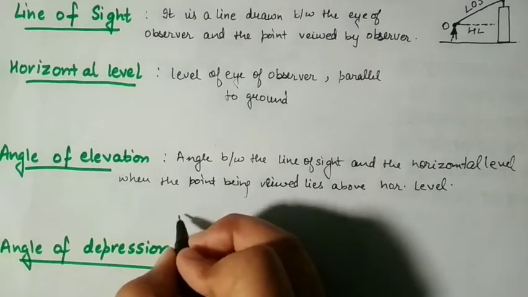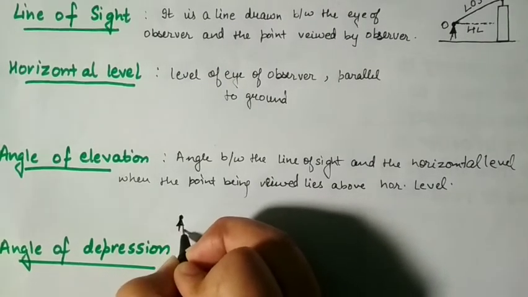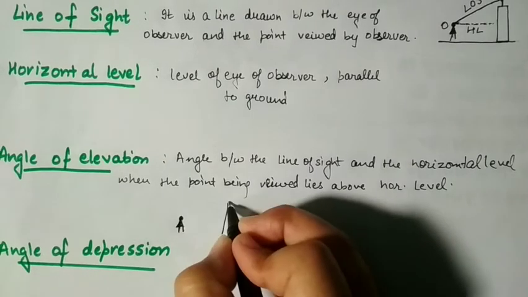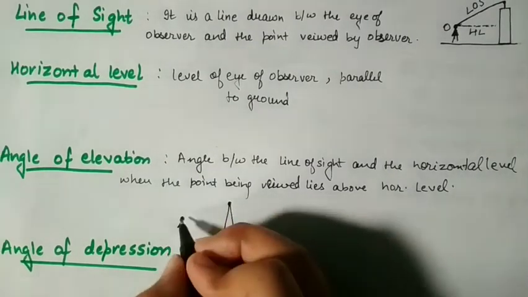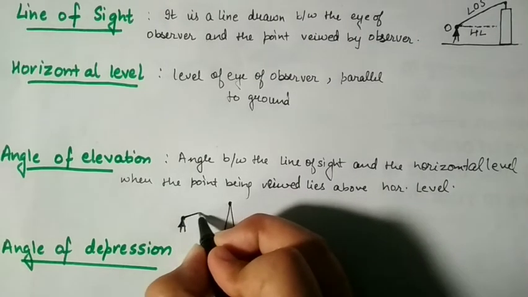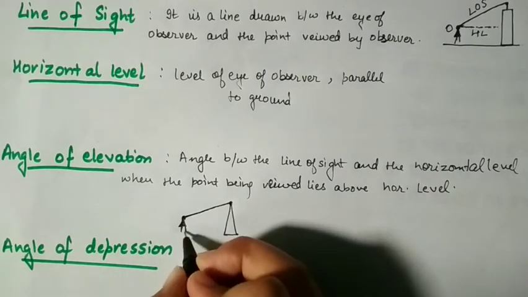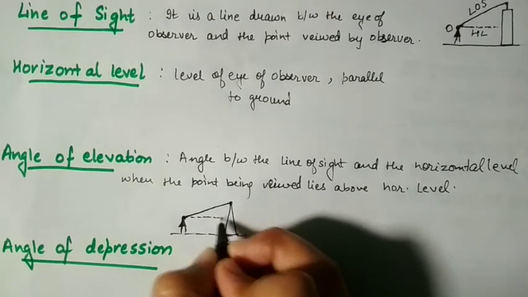Okay, suppose this is a person and this is a minar and the person is viewing the top of the minar, and this is the eye of the person. So the line of sight will be the line joining the eye of the person to the point that is viewed, and this is the ground and this will be the horizontal level.